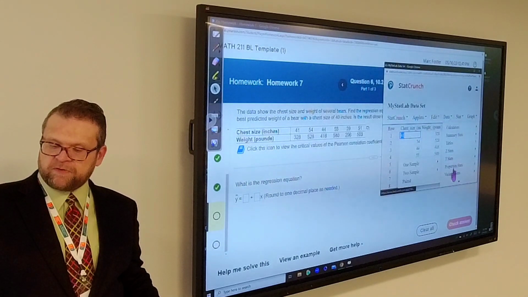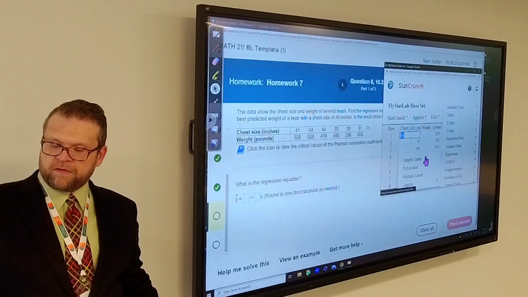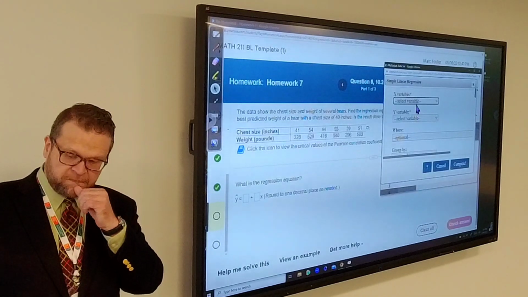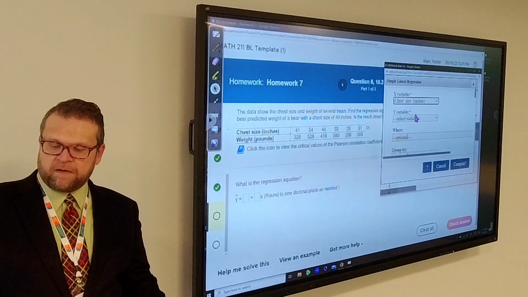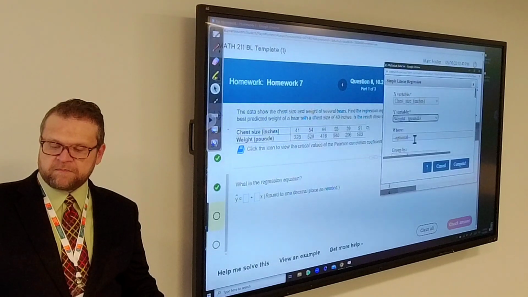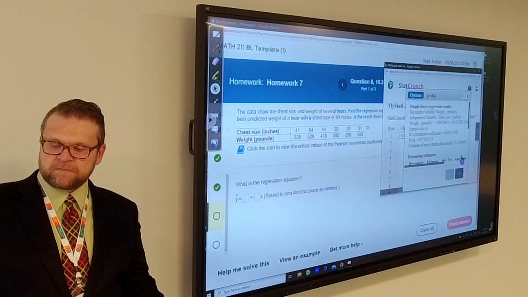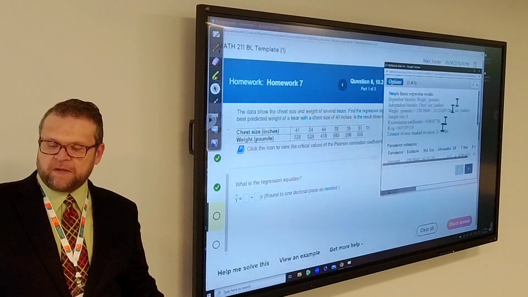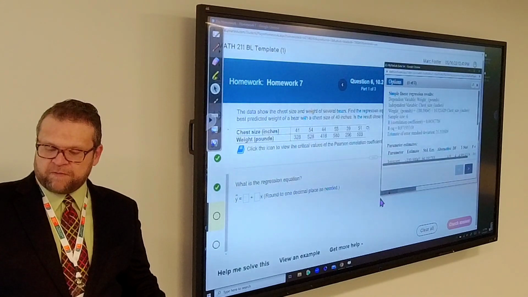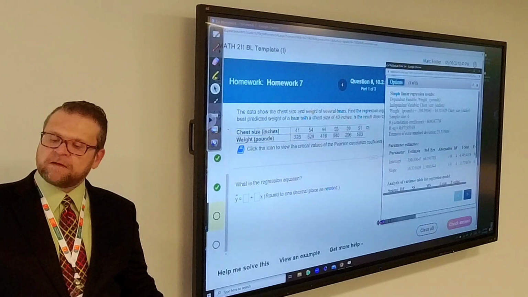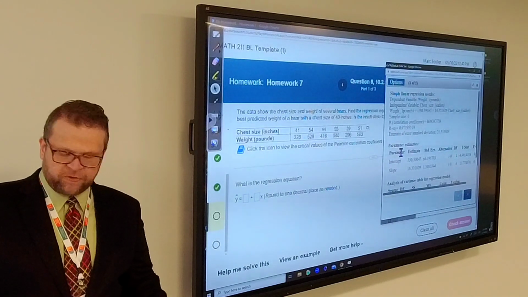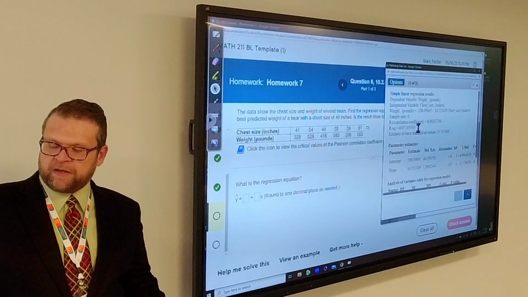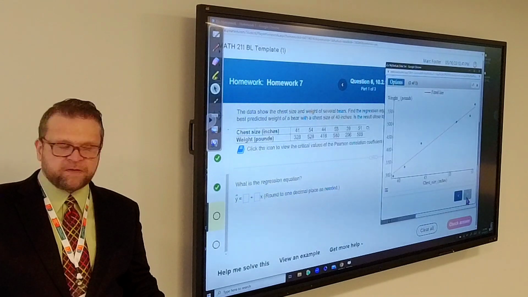Stat, regression, simple linear. I get my X and Y variables. X variable is the first one, Y variable is the second one, and now I have my 2-page summary.